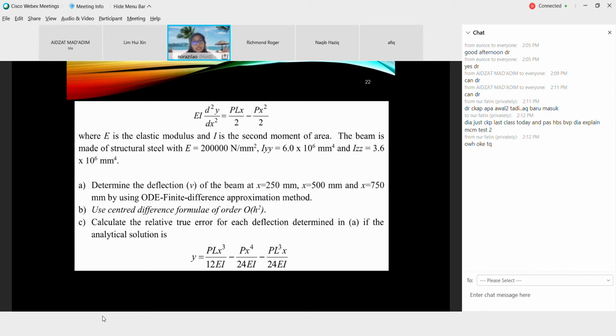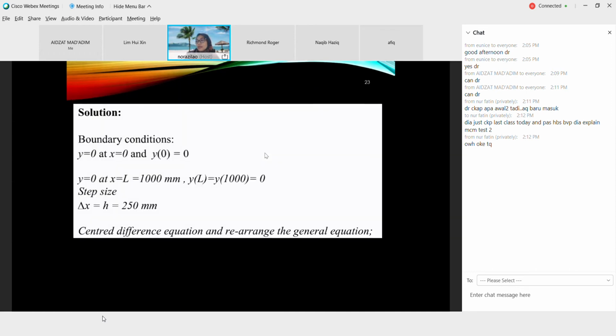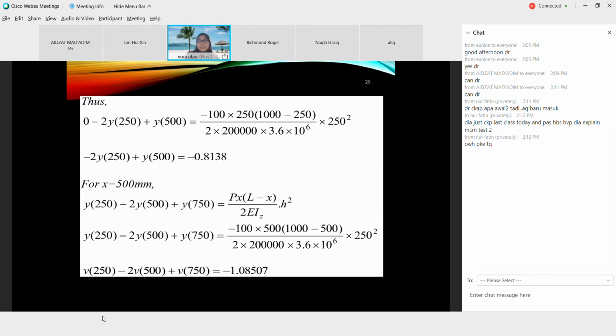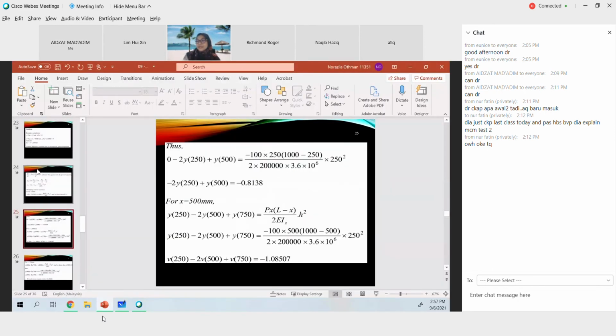Okay, the lower the step size, the higher the accuracy you can produce in your solution. Any questions? So that finishes boundary value problem. Okay, it only covers finite difference approximation. Okay, any questions?